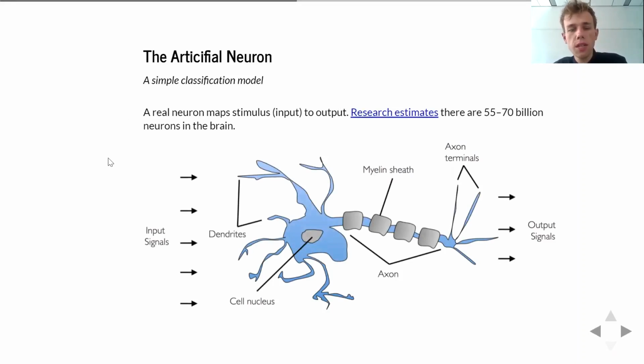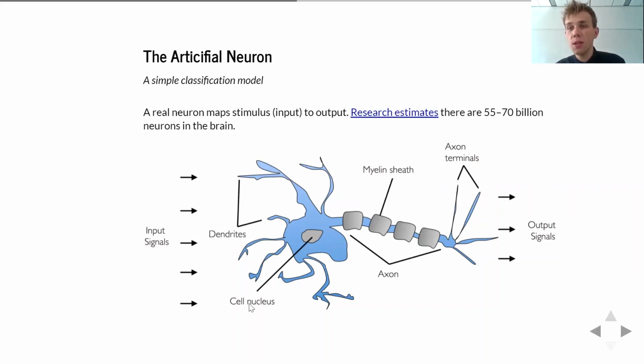These artificial neurons are fundamentally inspired by the biological neuron. What we have here is an illustration of the McCulloch-Pitts neuron, it's called. This is a simplified illustration of how the biological neuron works.